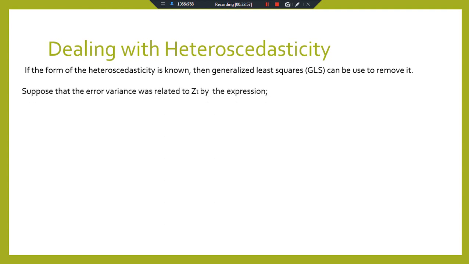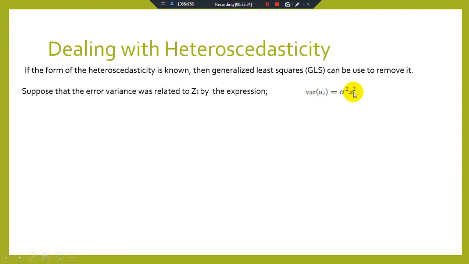Suppose the error variance is related to Z_t by the expression: the variance of the error is the error variance multiplied by Z_t squared. If this Z_t squared part did not exist in this equation, then our variance of the error term would be constant.